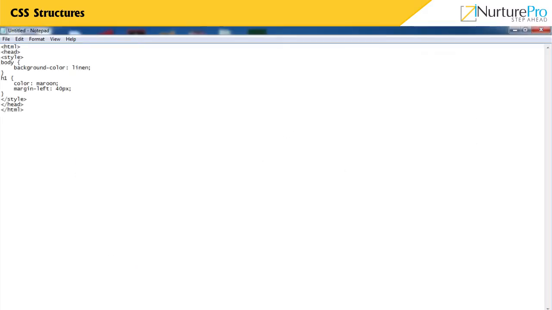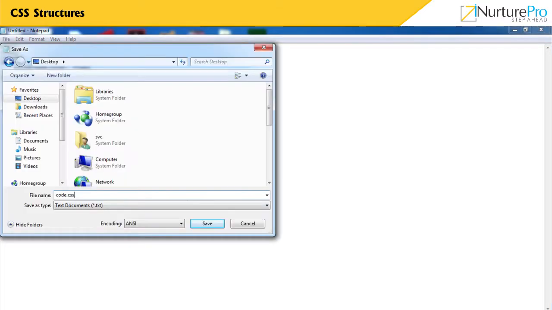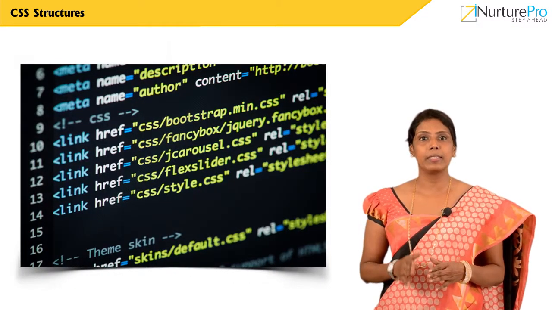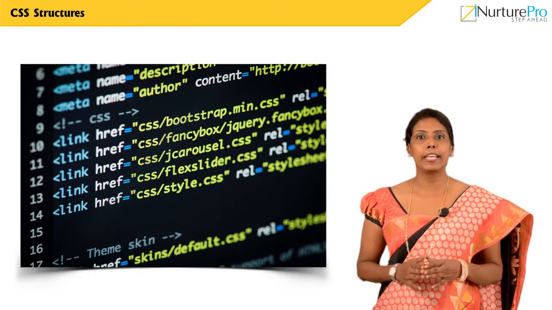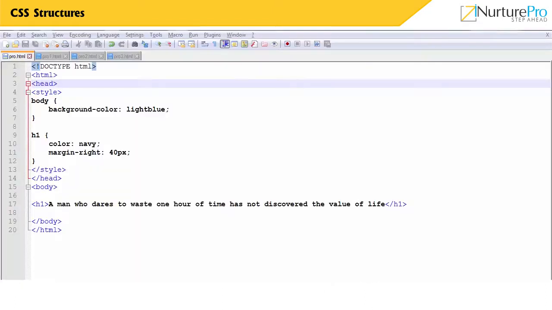External CSS code is written in a separate file and the file is saved with an extension of .css. By using the link tag, this style sheet can be applied to any web page. For example, in this program, the background color and heading attributes will be applicable to all the web pages of the website.